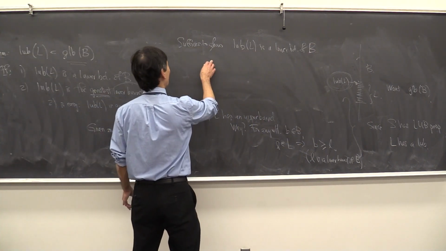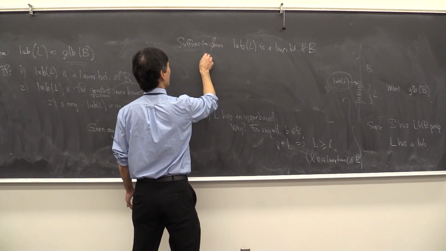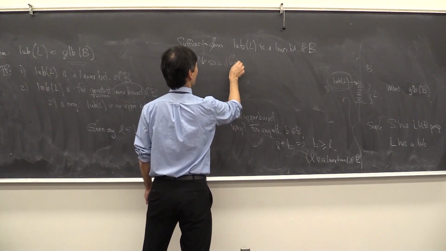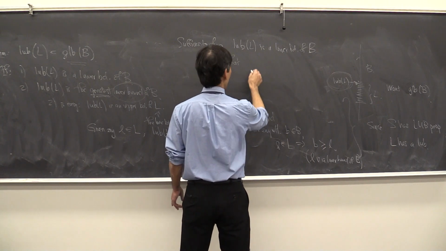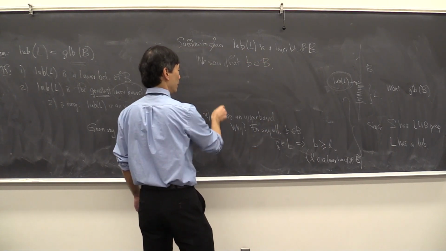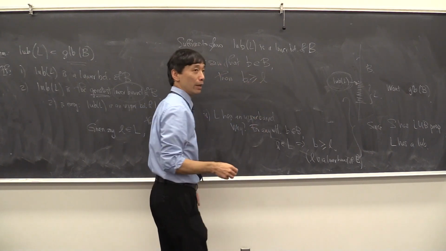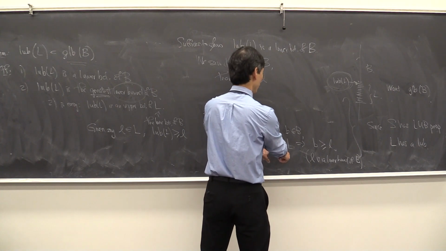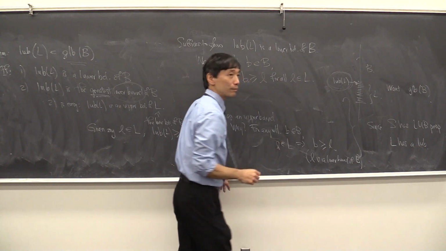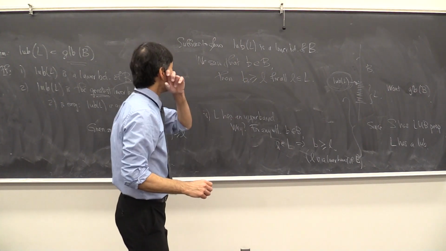Well, we saw that if b is an element of B, then b is greater than or equal to l for all l in L. That's what we saw right here. So what does that say?